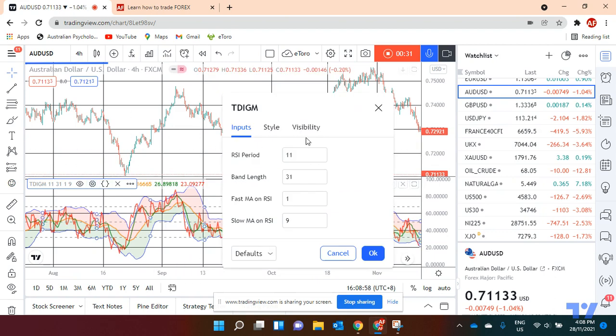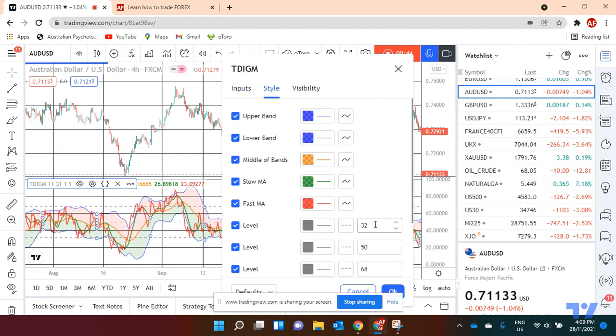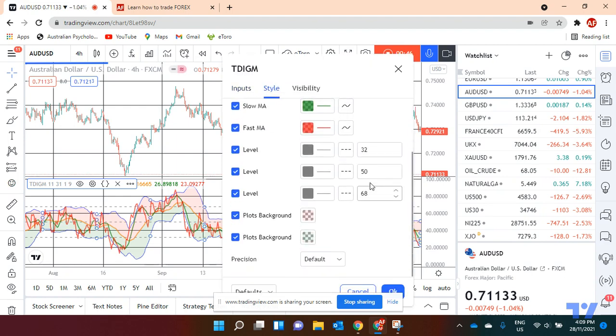So the settings for the RSI and band length, and also the fast and slow MA, I'll leave it as it is. The only number that I changed is the levels. For lower level, I changed it to 32, and the upper level, I changed it to 68.